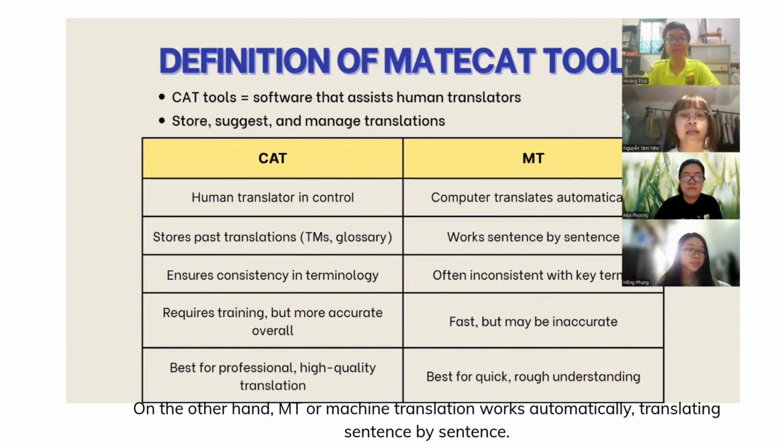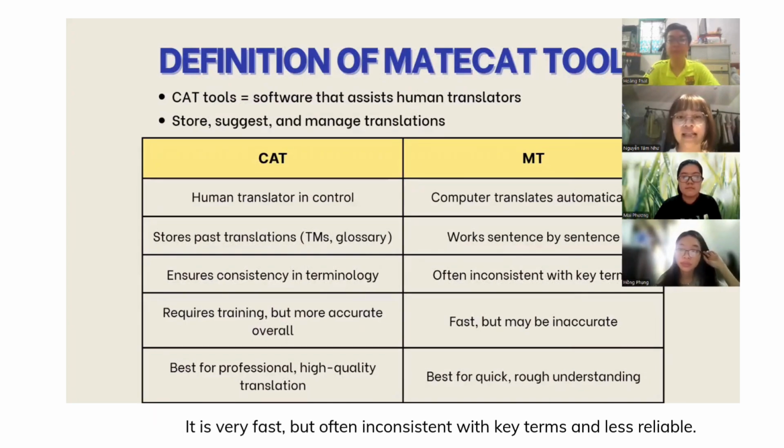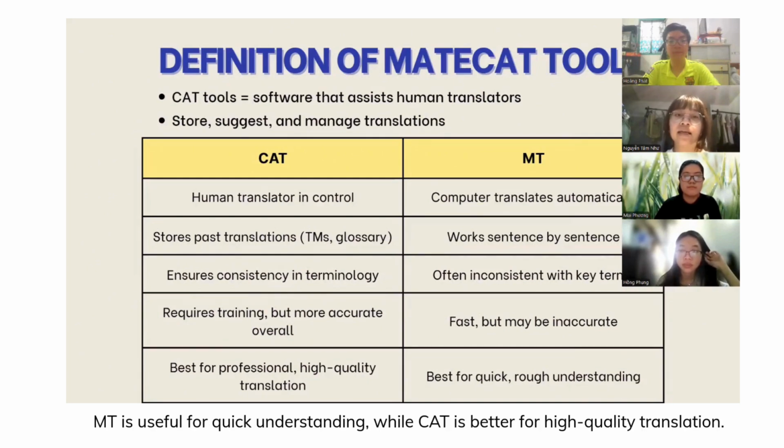On the other hand, MT, machine translation, works automatically, translating sentence by sentence. It is very fast, but often inconsistent with context and less reliable. MT is useful for quickly understanding, while CAT is better for high quality translation.